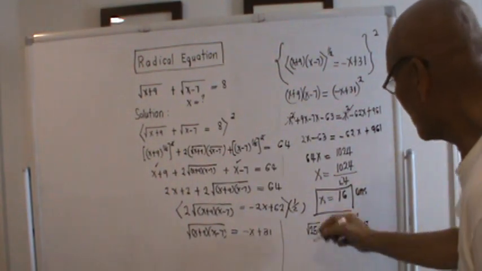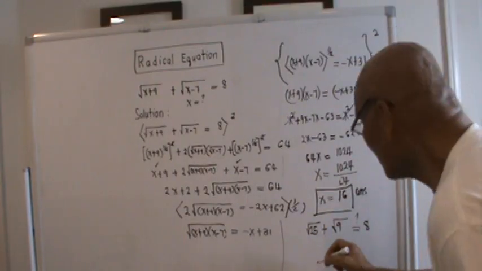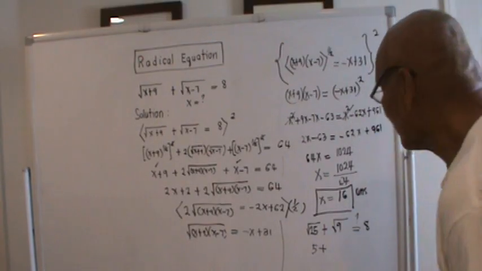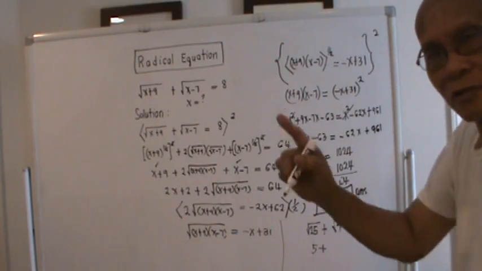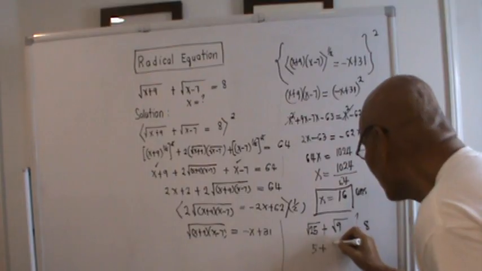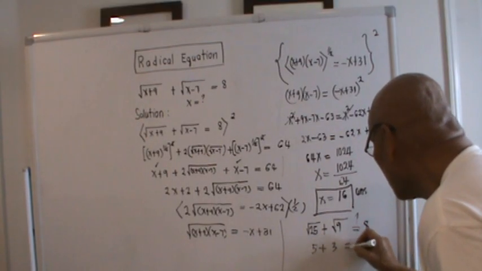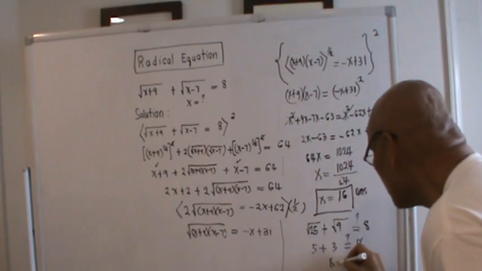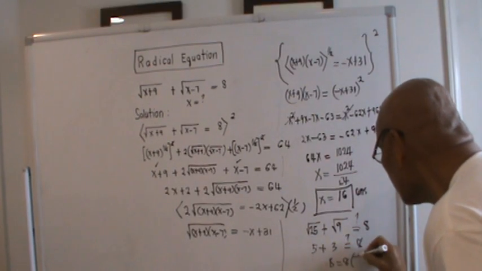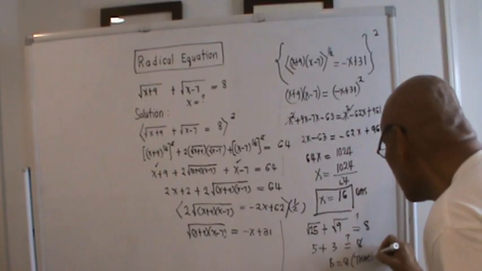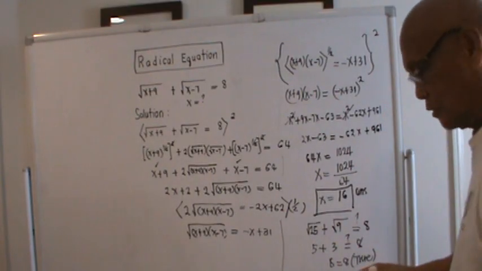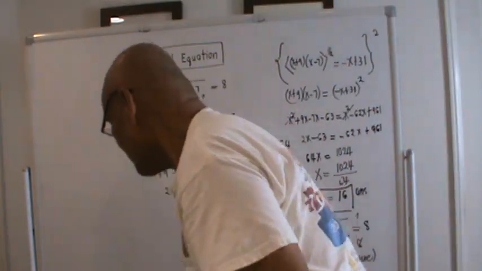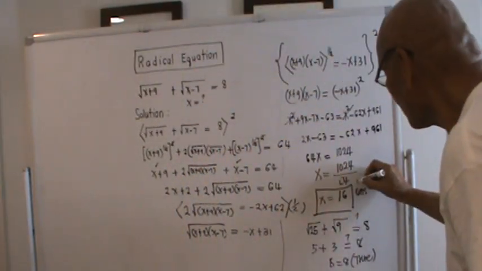The square root of 25, we'll just use the positive sign, is 5. And the square root of 9, using the positive sign, is 3. Will it be equal to 8? So 8 is equal to 8. This is true. So the solution to the given radical equation is actually x equals 16.